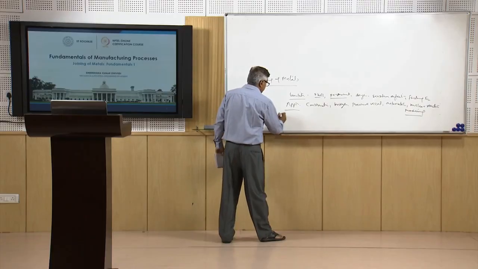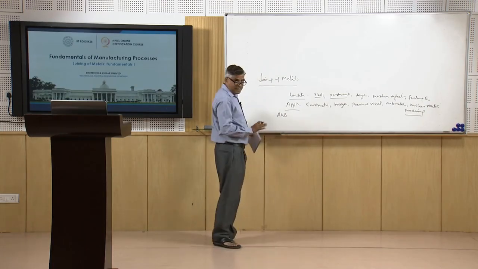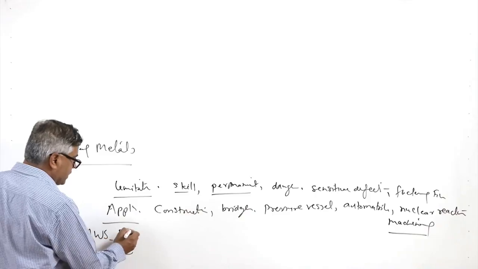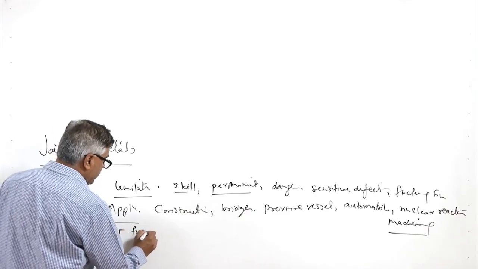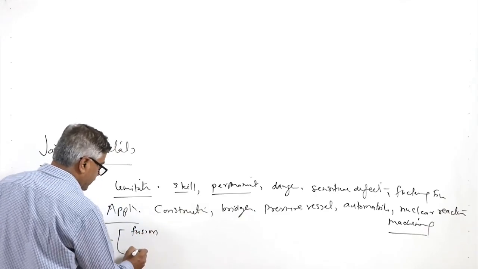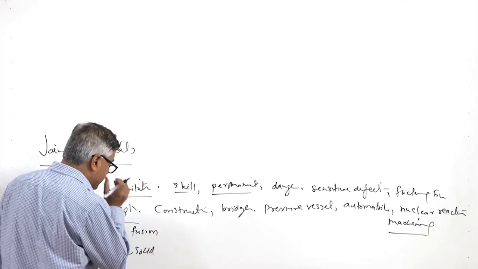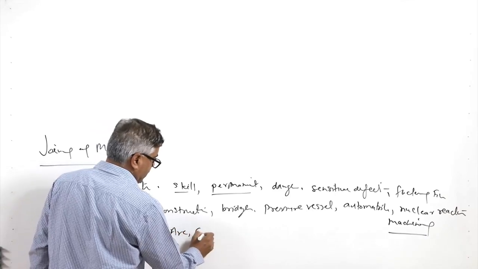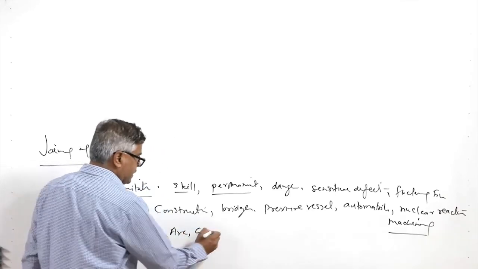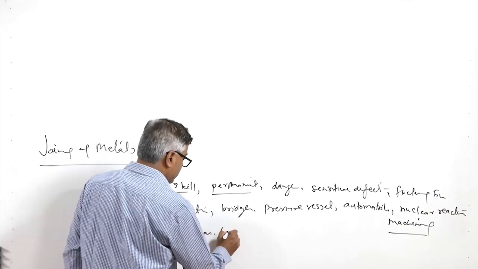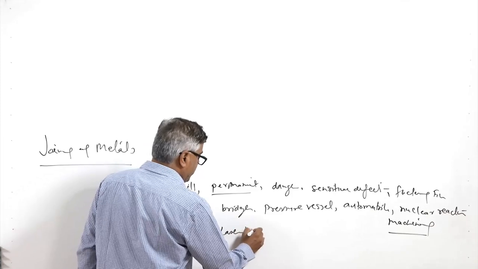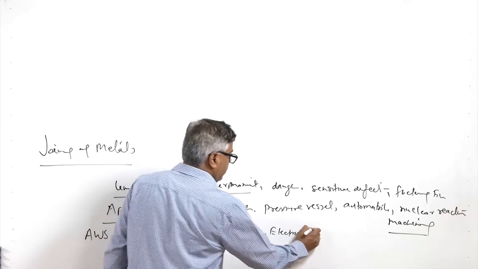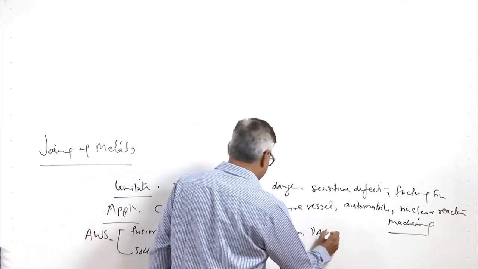According to the AWS, if the joining processes are classified, then in simplified form, the classification is in two broad categories. One is fusion welding and another is solid state welding. In fusion welding, we have arc welding, gas welding, laser beam, electron beam, plasma arc welding.